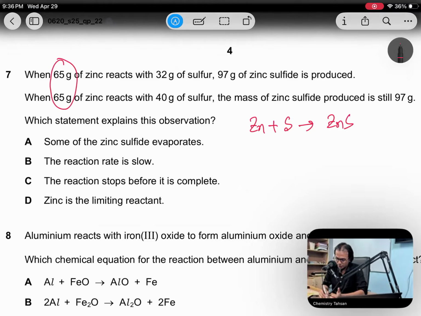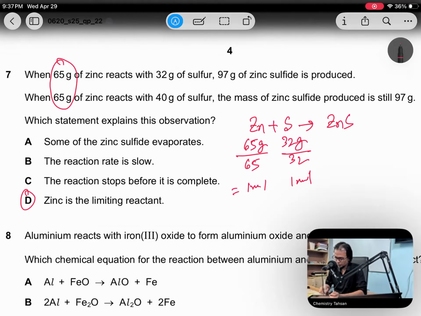Since we are not changing zinc, this one is 65 gram and this one is 32 gram. So you need to understand, since we are not changing zinc, zinc should be the limiting agent here. So zinc is the limiting agent. That's why it is like this. So sulfur is 32 and zinc is 65. If you look at the mass number, zinc is 65 and sulfur is 32. So 65 divided by 65 is 1 mole, and 32 divided by 32 is 1 mole.